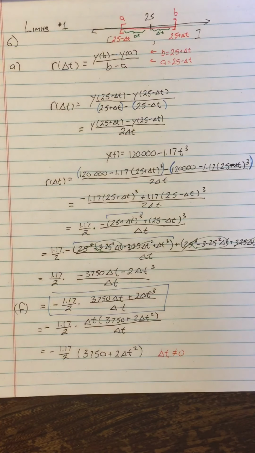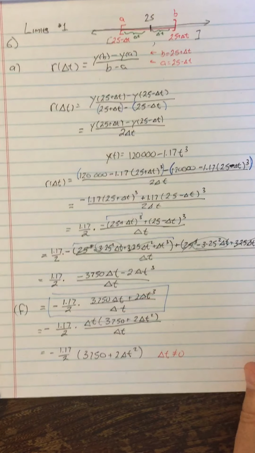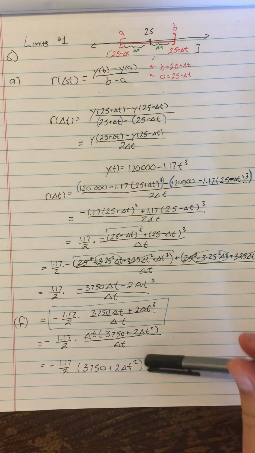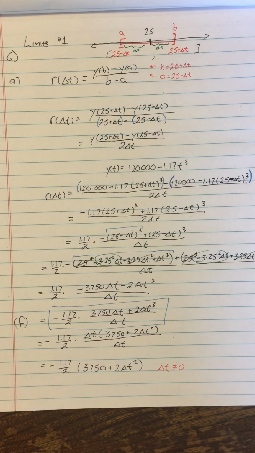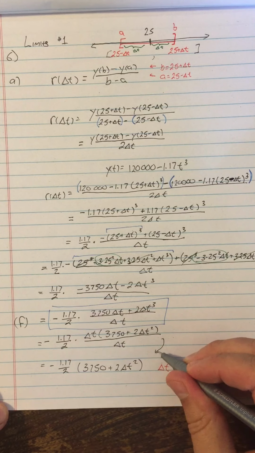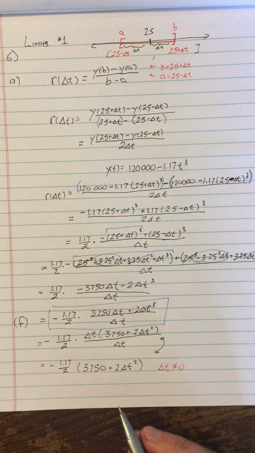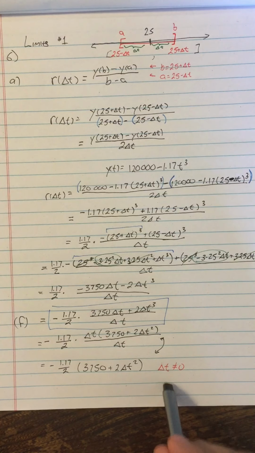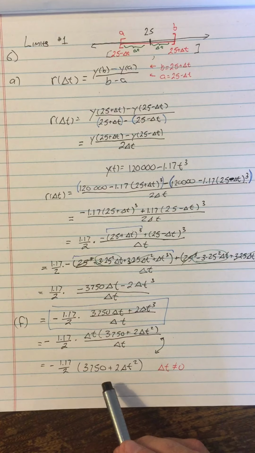So this brings us to one of the very typical things that happens in calculus: we have a nice useful expression. I'll show in a minute how terribly useful it is. However, this expression is valid and equivalent to the previous expression for any of the infinitely many real numbers in the universe, except one of them. Delta t equals 0 is the only point for which our expression was not valid.